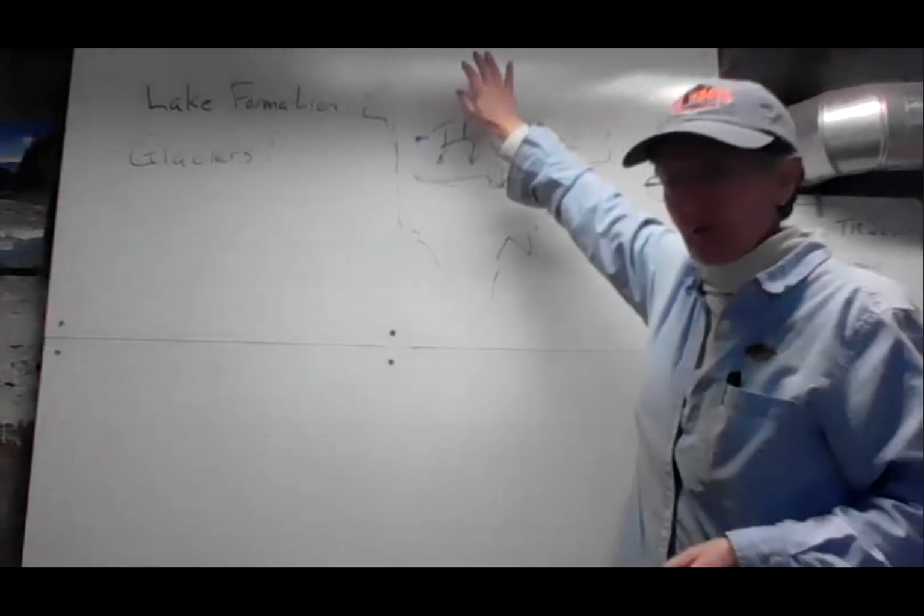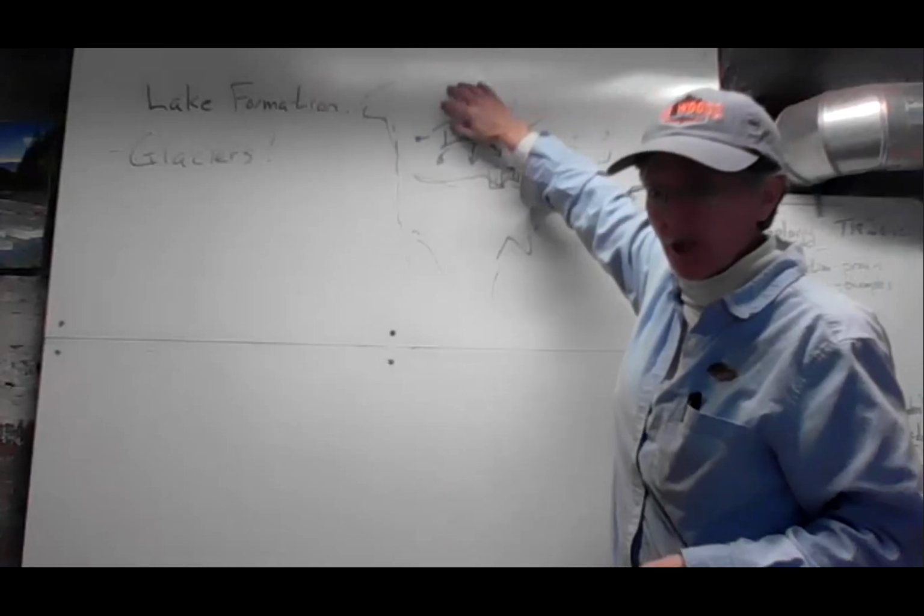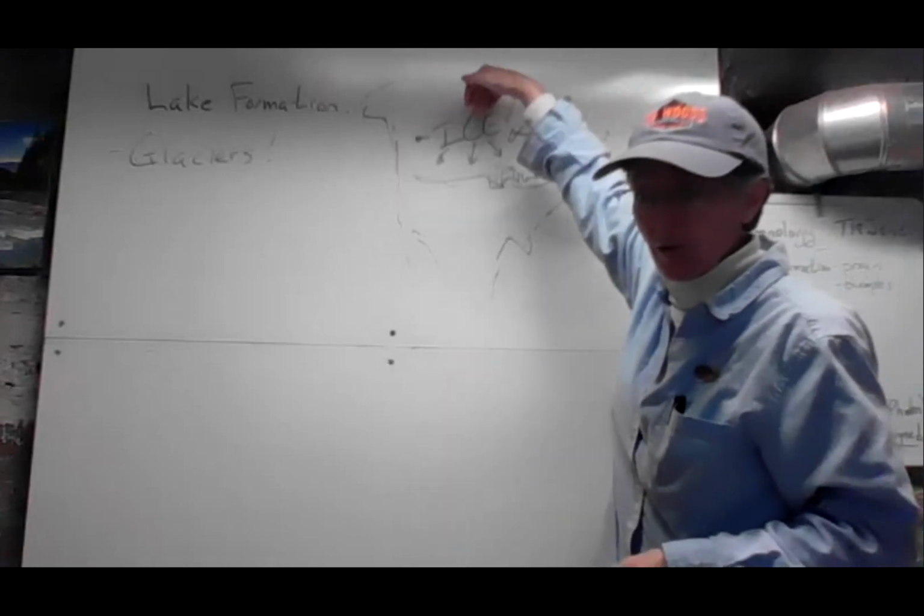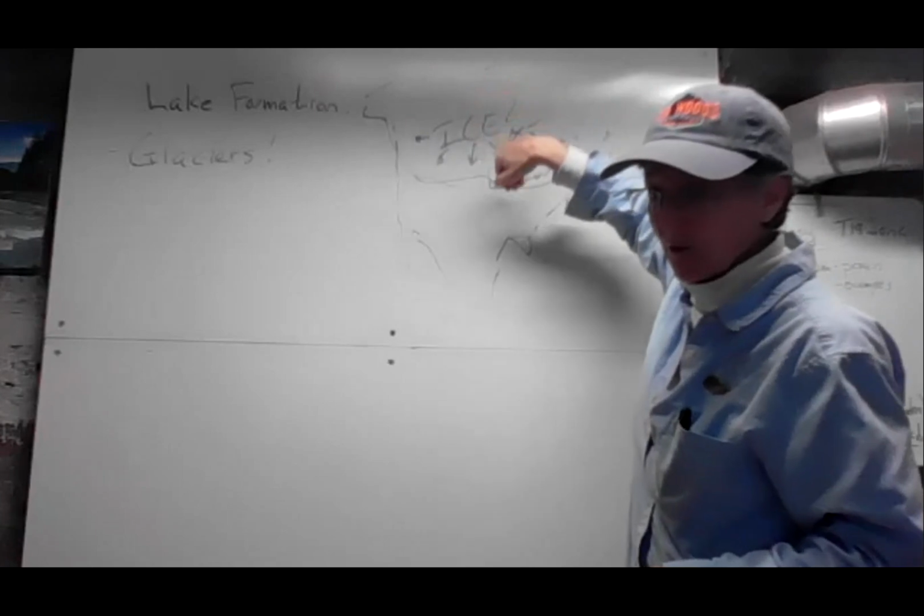And the result is this great big dome of ice here, squished out in all of these different directions.